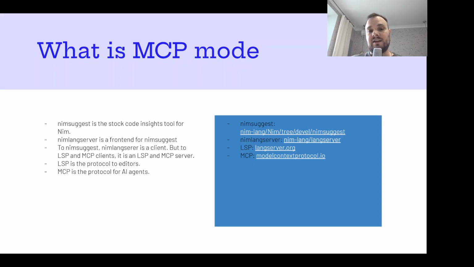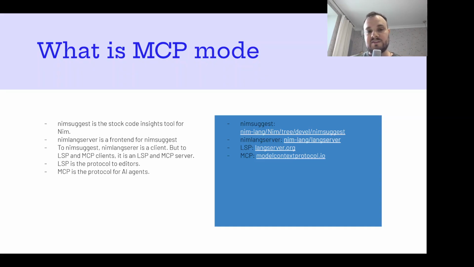NimSuggest is a separate binary that is shipped along with the Nim compiler, and that is the code insights tool for Nim. So NimSuggest, when called, would find references, type definitions, reference definitions, and stuff in your Nim project. It's really a cool thing.